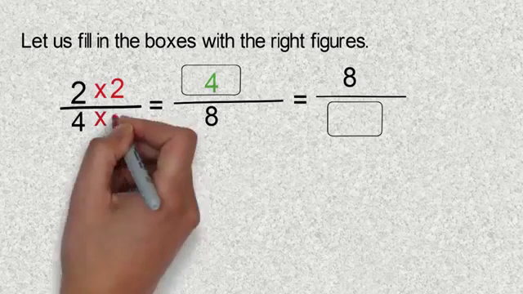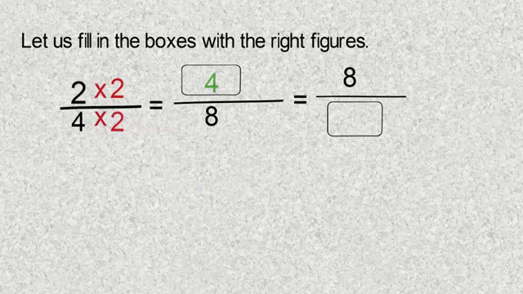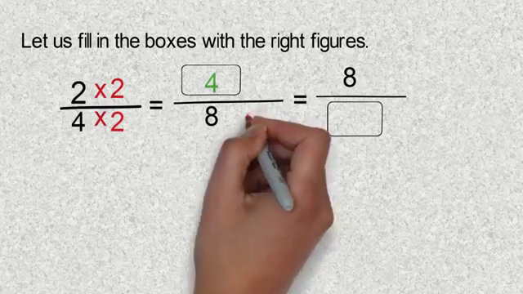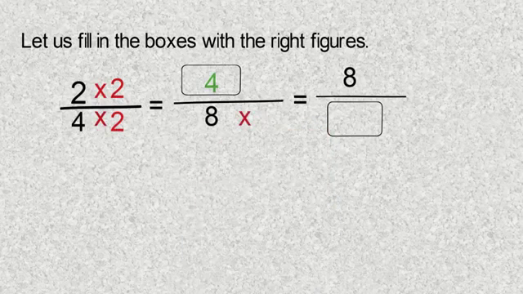Let's see if the denominator will give us the same thing. If I multiply 4 by 2, it gives me 8. So what I do to the numerator is also done to the denominator, which makes it balanced. Let's use the second fraction to get the third fraction box filled.